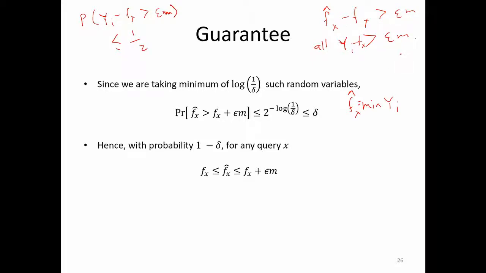The probability of this whole event happening is strictly less than half to the power w, which is log 1 by delta.